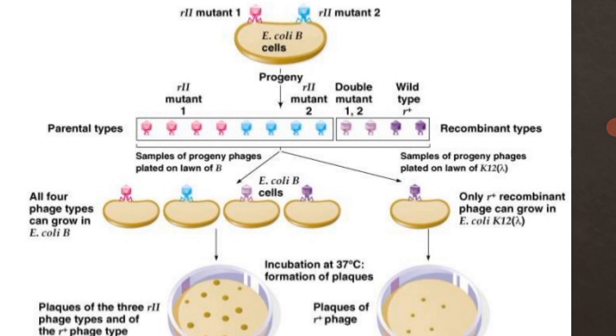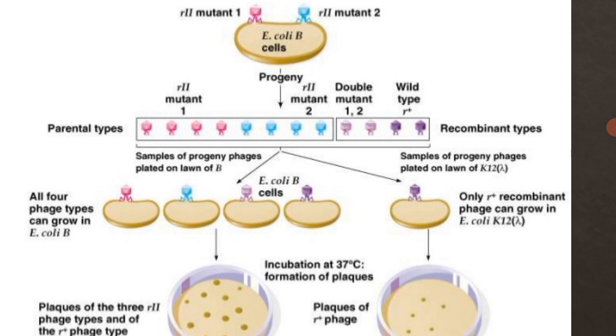Okay, and that is why it is only able to grow on the E. coli K12 lambda strain, whereas the other mutants don't have the genes to grow on this strain of E. coli, because the E. coli is lacking some of the proteins or the genes which are essential for the growth of the virus mutants.